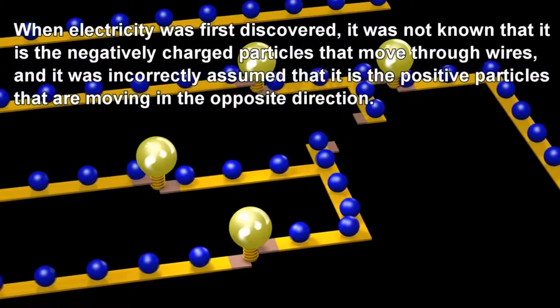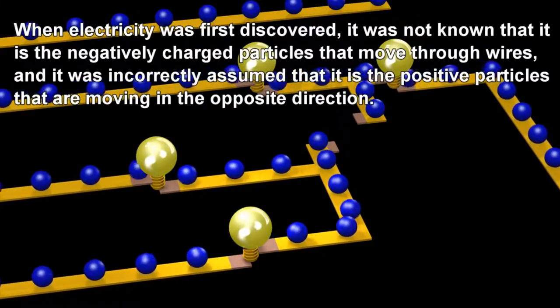When electricity was first discovered, it was not known that it is the negatively charged particles that move through wires, and it was incorrectly assumed that it is the positive particles that are moving in the opposite direction.